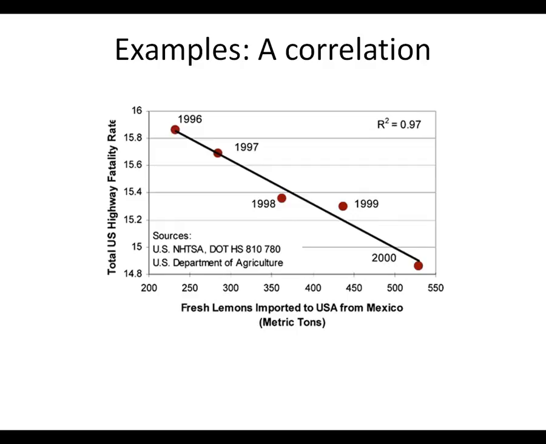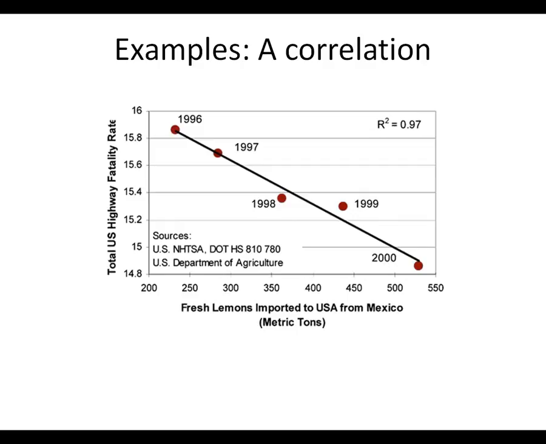Now, if you plot the highway fatality rate on the y-axis and on the x-axis plot the number of lemons coming into the U.S. from Mexico, what you'll see is that as the number of lemons coming in from Mexico increase, highway fatalities drop. That's the relationship.